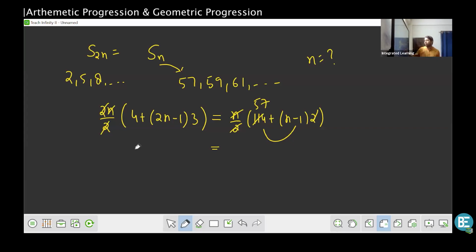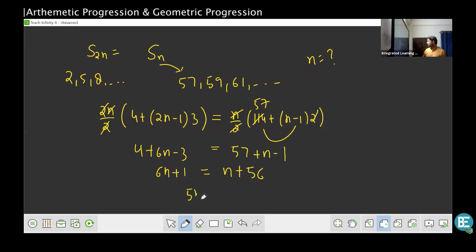So finally we have 4 plus 6n minus 3. Here we have 57 plus n minus 1. 6n plus 1 is equal to n plus 56.